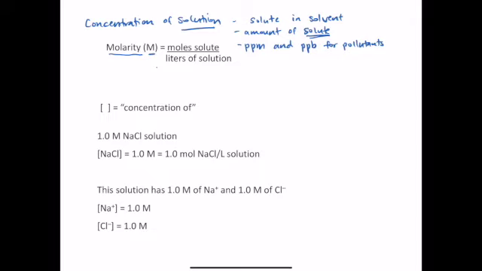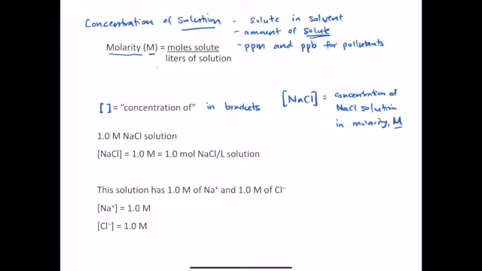So for instance, if you see a bracket, these brackets mean the concentration of whatever's in the brackets. If you see brackets with NaCl, that's telling you that the concentration of your NaCl solution is the number, and that number is in molarity, which is that uppercase M unit.